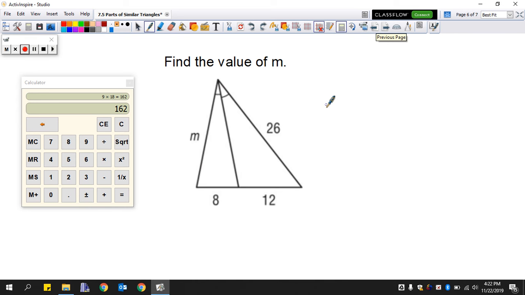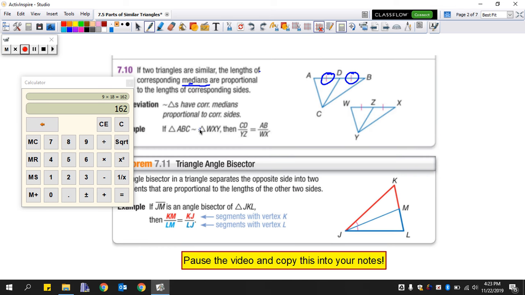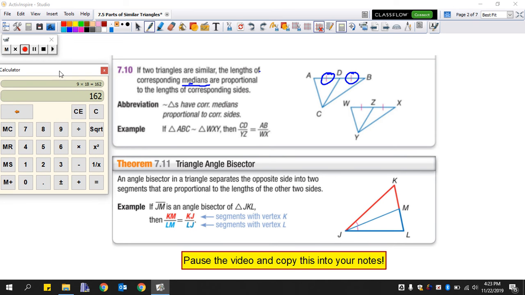The next one, we see here that once again we have our angle bisectors, but we don't know what the length of the line is. This comes back to that last theorem that we wrote down, the triangle angle bisector theorem, that says an angle bisector in a triangle separates the opposite sides into two segments that are proportional to the length of the two sides.